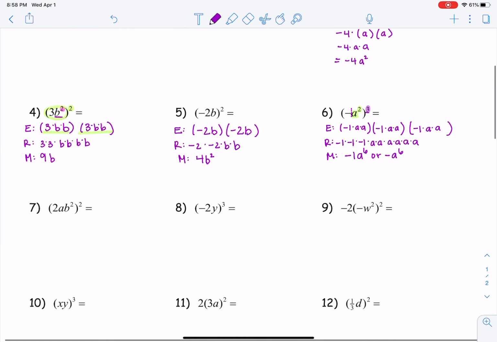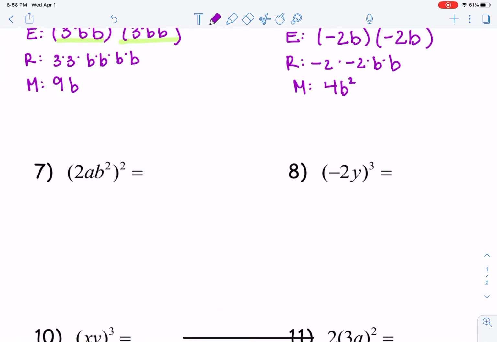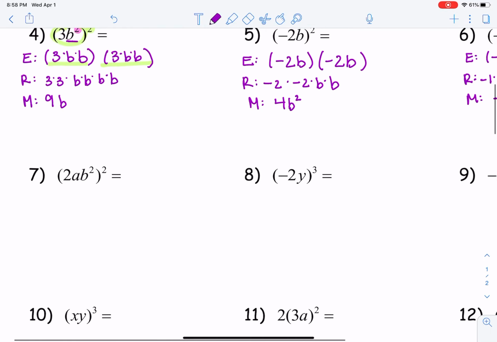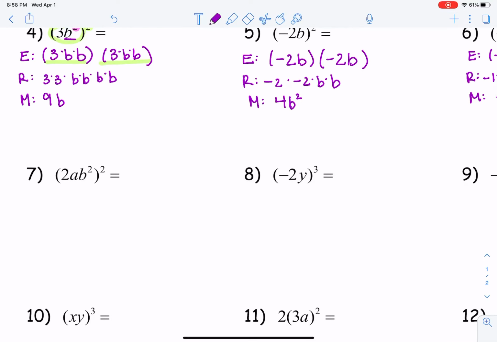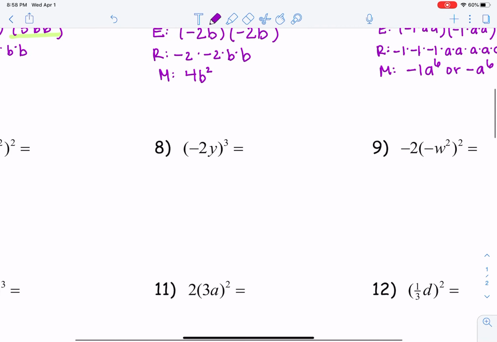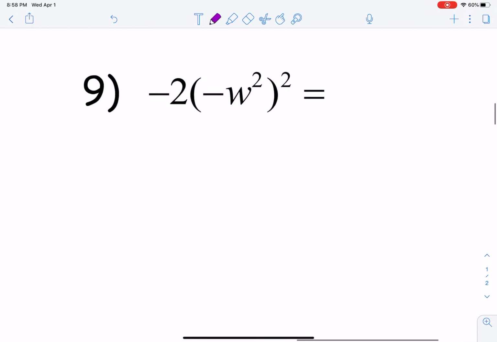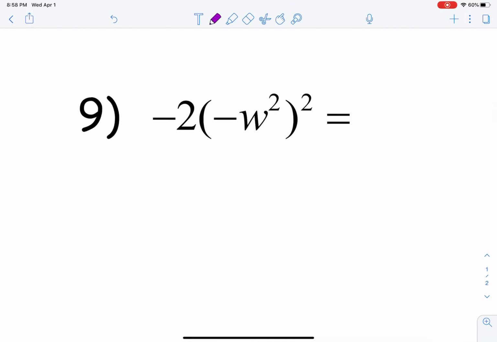Okay, I'm going to go ahead and skip number 7 because it's similar to this. Just look at where those exponents are attached. Okay, let's go ahead and move on to the next very missed question, number 9. And this one was asking you, what is this exponent attached to?